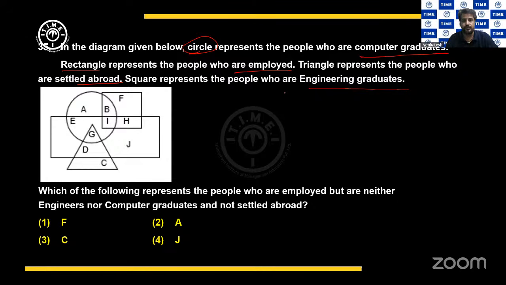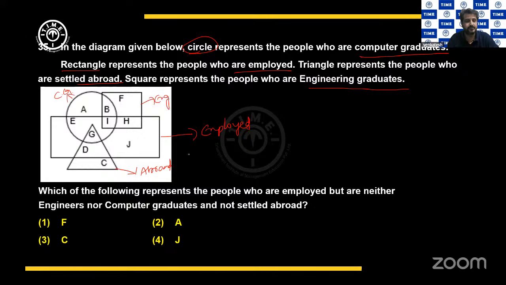Now, what is the question given? So let me write. Rectangle is employed. A circle represents computer graduates, CG. A triangle represents abroad. Next, square represents engineering graduates.